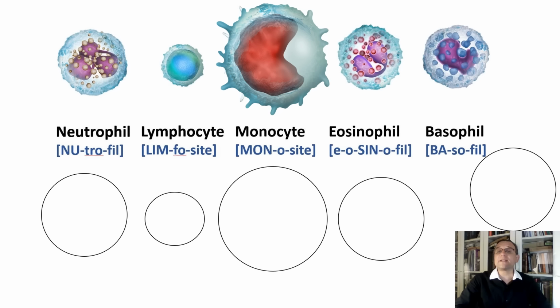Pay attention to the size of the circle since leukocytes have different diameters. Let's draw a thin strand of neutrophil nucleus and the lobes of the nucleus. Neutrophil nuclei consist of 3 to 6 lobes, as you remember. Neutrophils also contain granules.